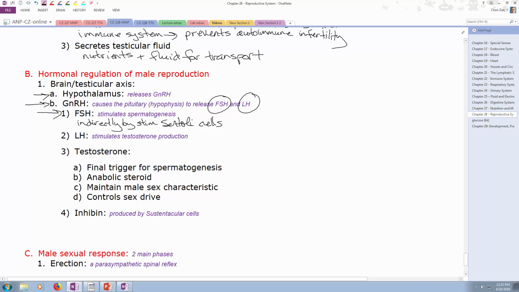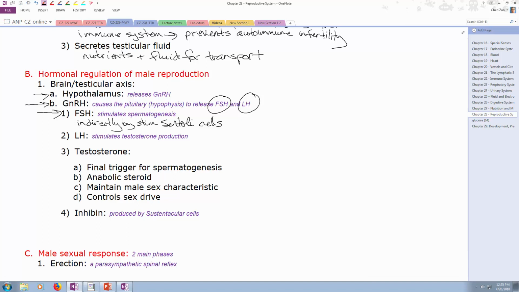It says Sertoli cells, okay guys, we're going to make a bunch of nutrients, testicular fluid, and all that kind of stuff, and you are going to nursemaid these primary spermatocytes into spermatids, and then they're going to undergo spermiogenesis. So FSH tells Sertoli cells to do this.